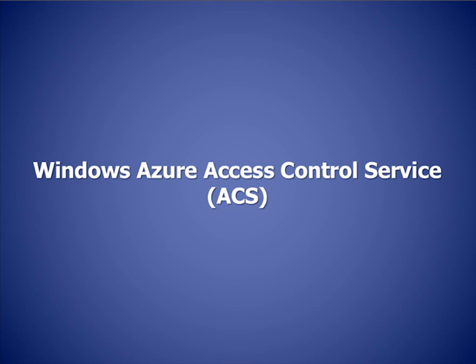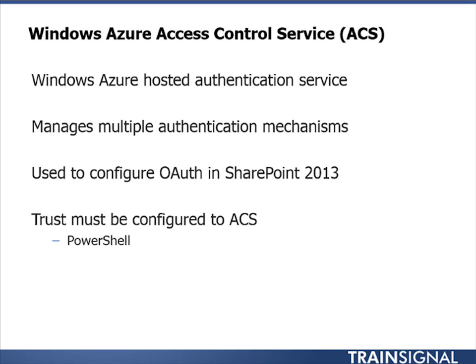Now, in order to implement some form of federated authentication, we're going to want to utilize Windows Azure Access Control Service, or ACS. ACS is hosted inside of Windows Azure, and it will handle the authentication automatically for us.